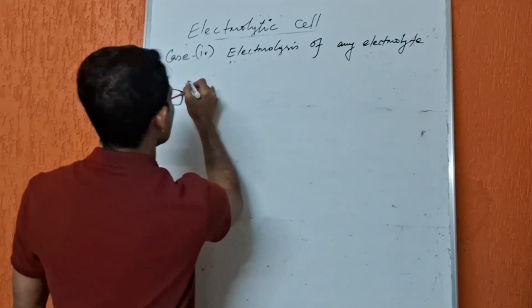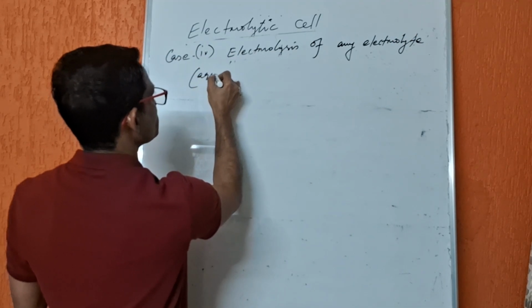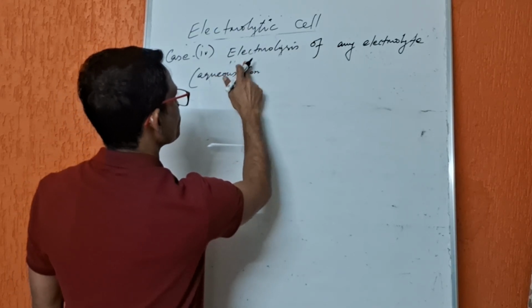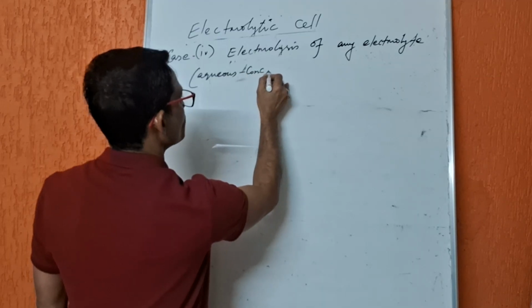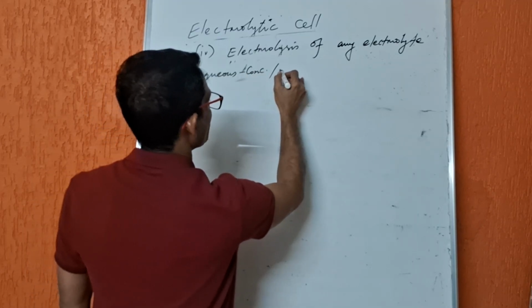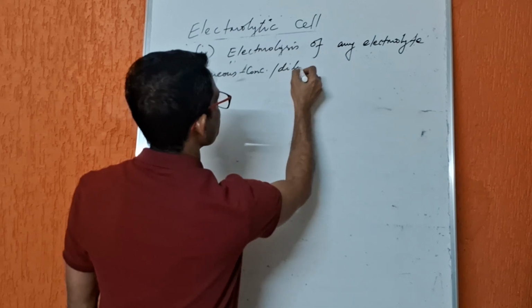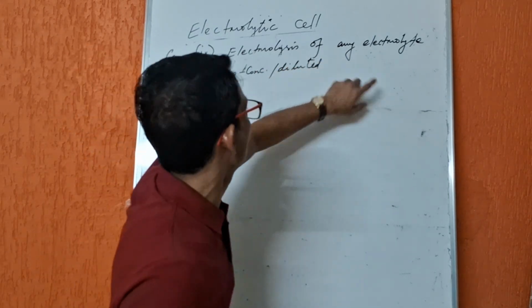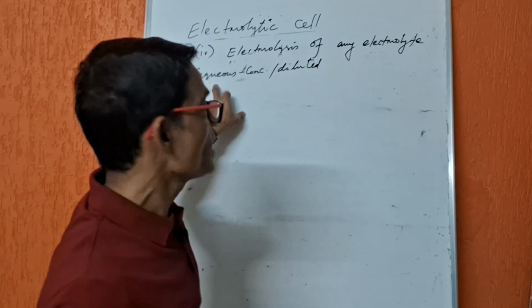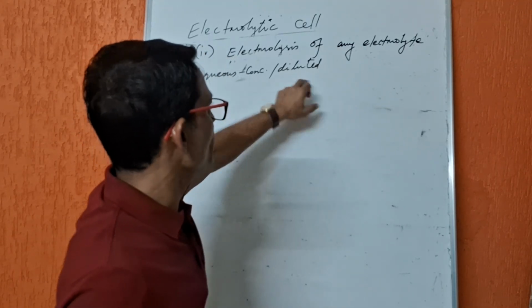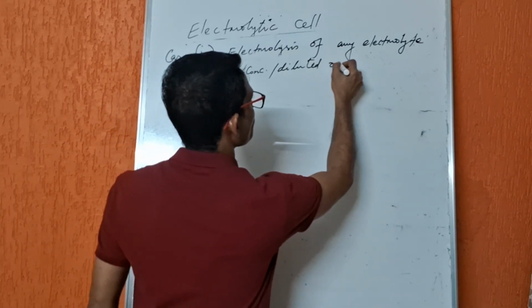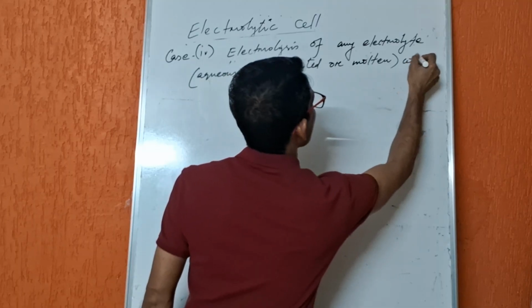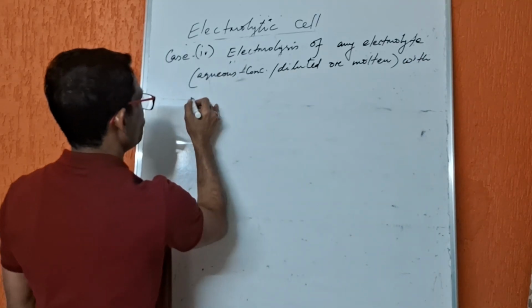That means the electrolyte can be aqueous, concentrated or diluted, or molten, with an active electrode.